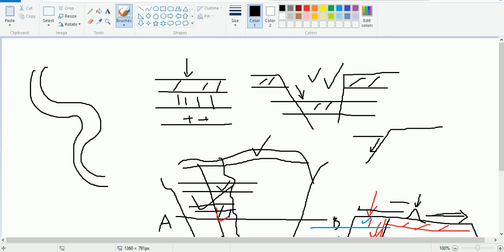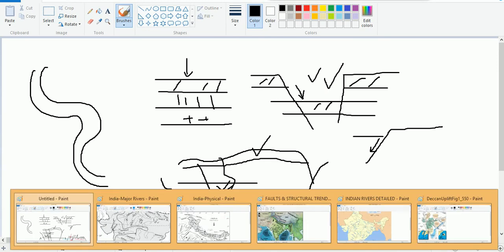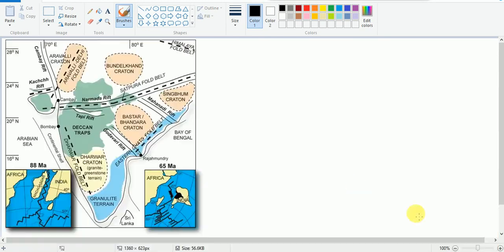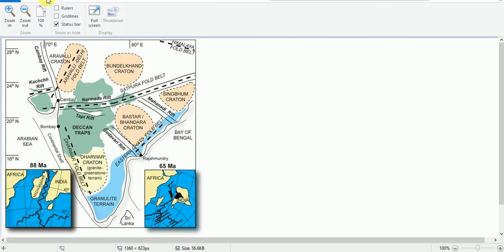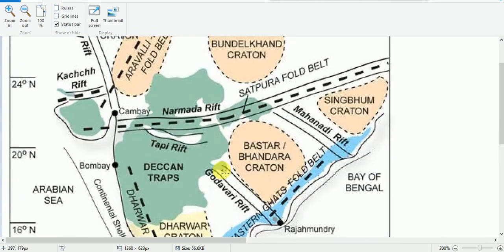So we may see a picture also here. During the tertiary period, there was subsidence in this area, forming the Narmada River Valley.